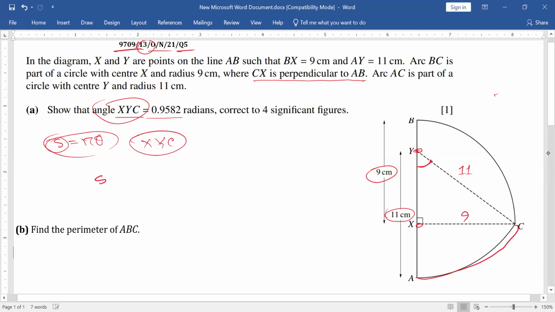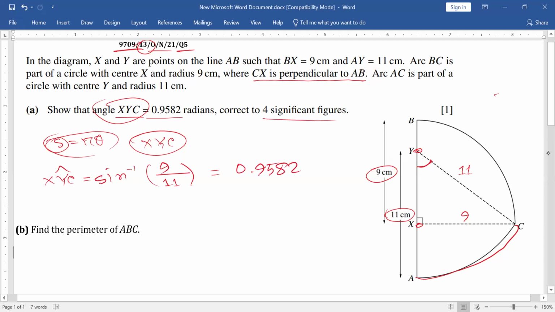We can write angle XYC equals sine inverse of 9 over 11. Using a calculator you'll get 0.9582 up to 4 significant figures.